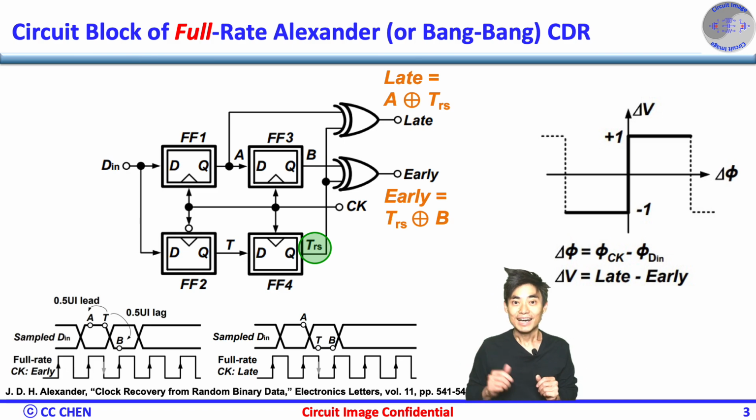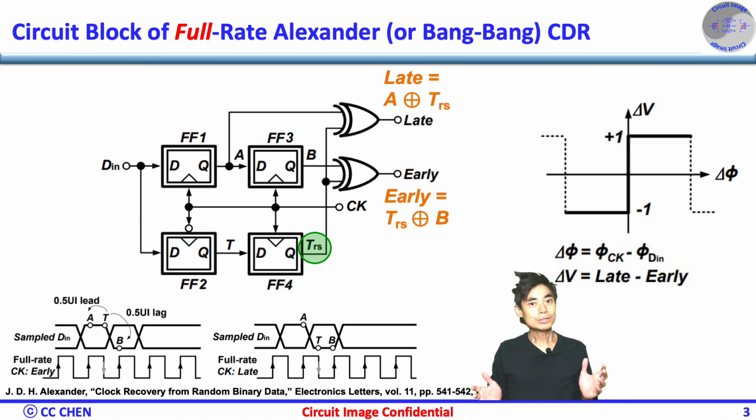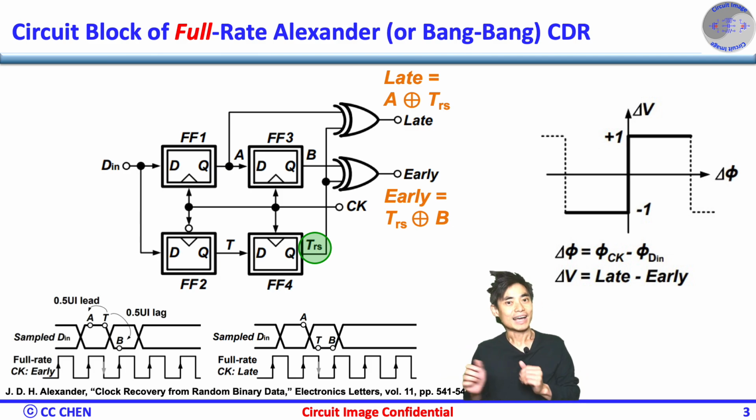Again, the aligned path values of A, TRS, and B will conclude if the clock is early or late. For example, both A and TRS are the same, but different from the B. The clock would be early and was indicated by the XOR output of the TRS and B. Similarly, both TRS and B are the same, but different from the A. The clock would be late and was indicated by the XOR output of the A and TRS.